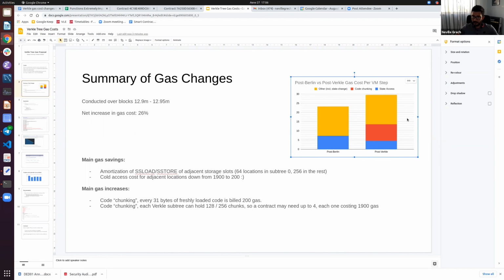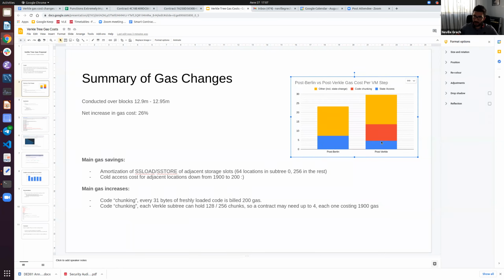So the current proposal decreases the cold gas cost when you've got adjacent storage slots being accessed. You see, if you are accessing, for instance, slot number 0, typically that's the owner, and then another slot after that, then you amortize the cost of the cold access of those two.